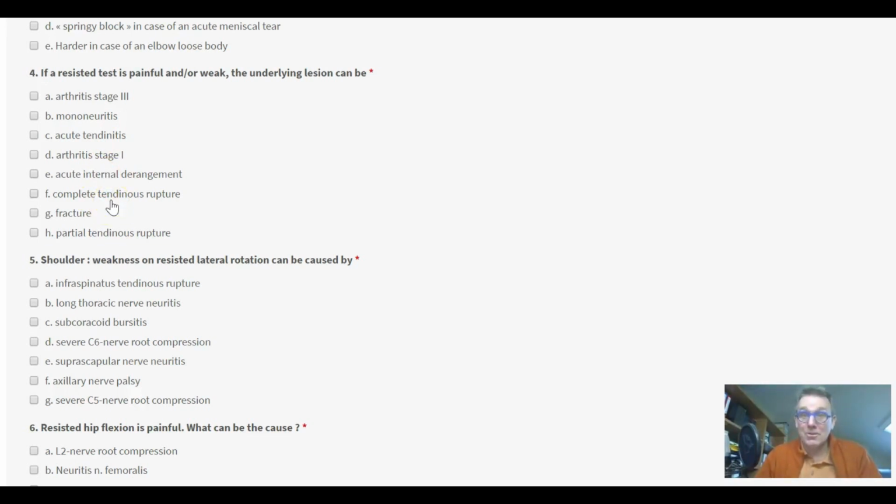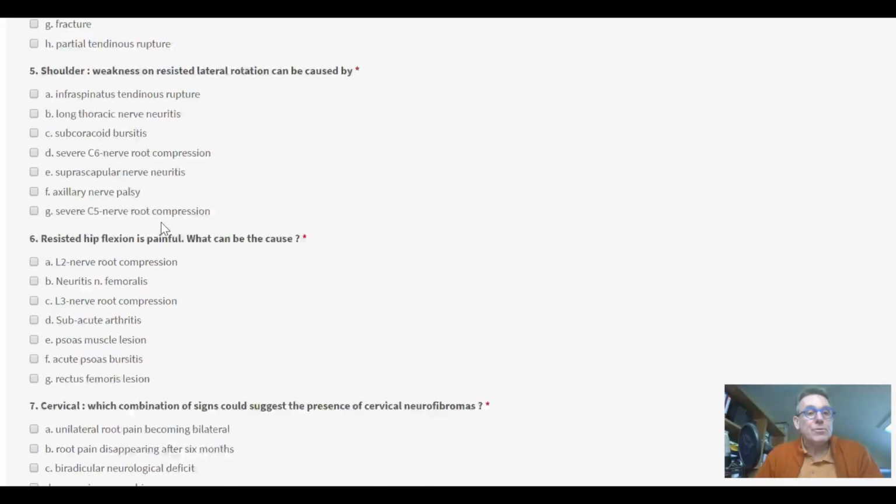Yeah, your resisted test is not going to be painful, but it's going to be clearly weak. Fracture? Oh yes. For instance, olecranon fracture in the elbow. Your resisted extension in the elbow is going to be painful and weak at the same time. Partial tendinous rupture? Well, of course, your resisted test is also going to be painful and a little bit of weakness.